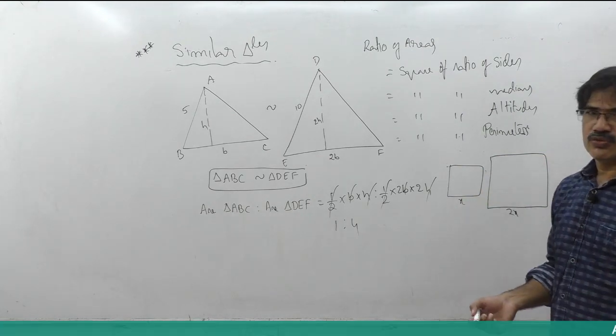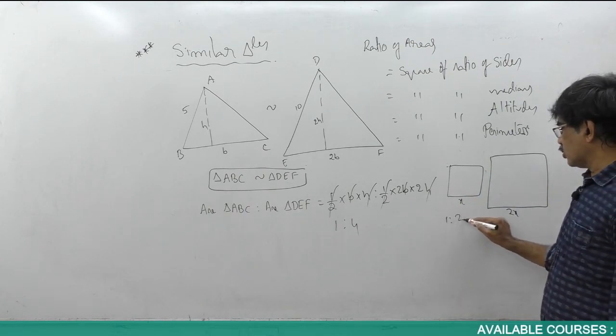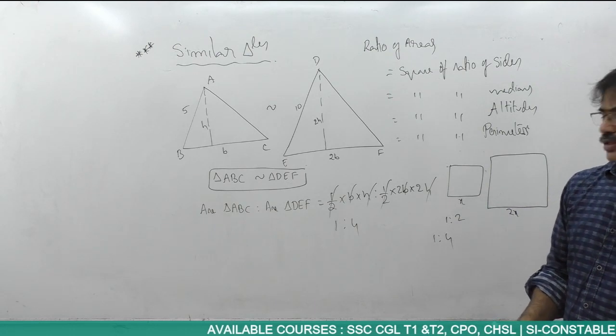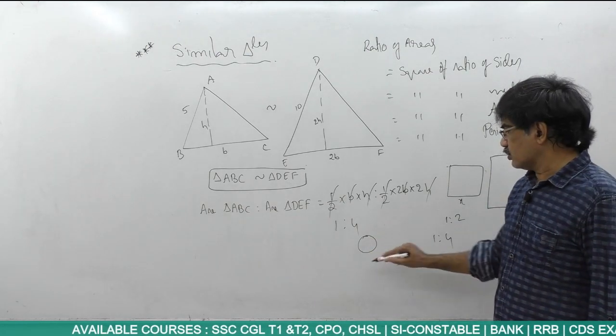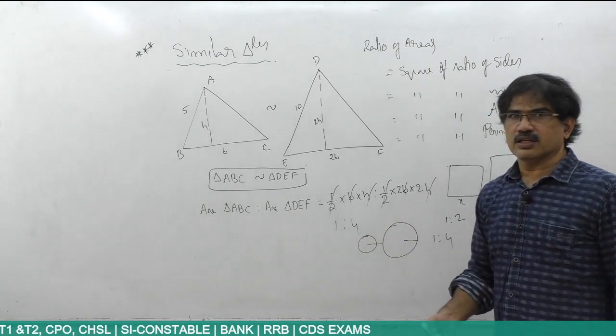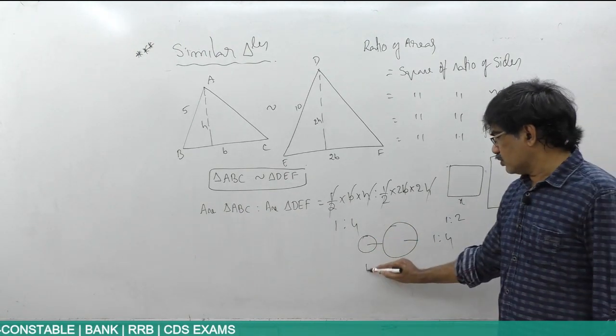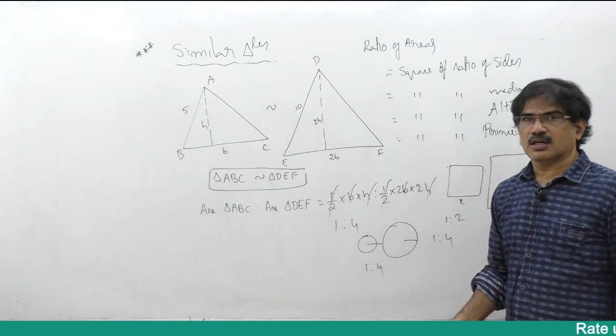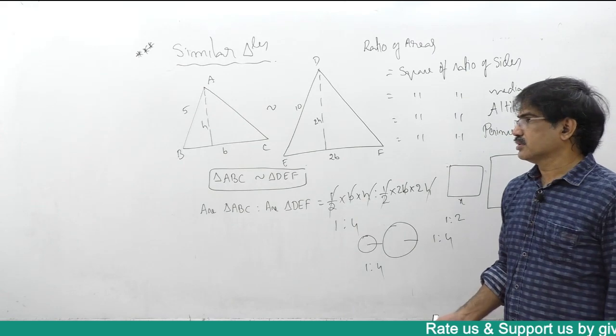Nothing but 1:4. Sides ratio 1:2, areas ratio 1:4. Same in the case of circles also. If the radius is doubled, what about the ratio of areas? Nothing but 1:4. Applicable for all similar diagrams.